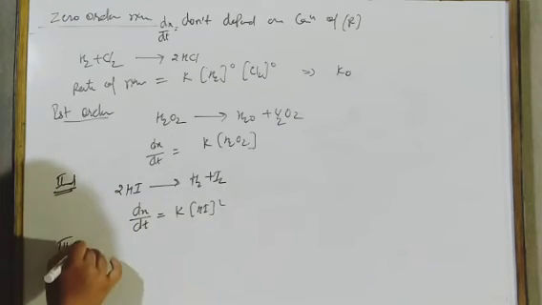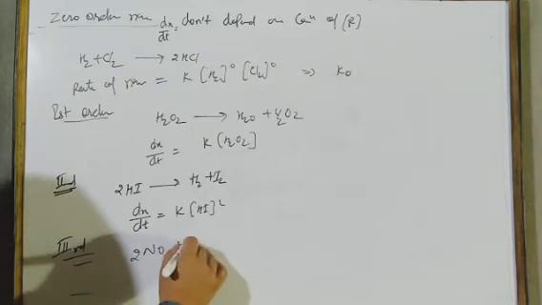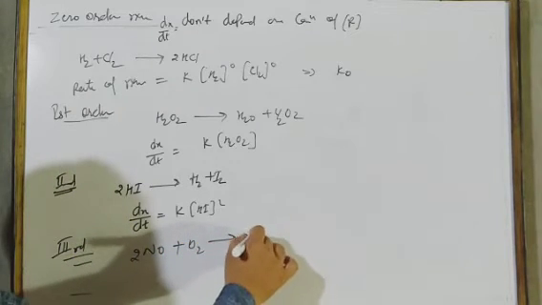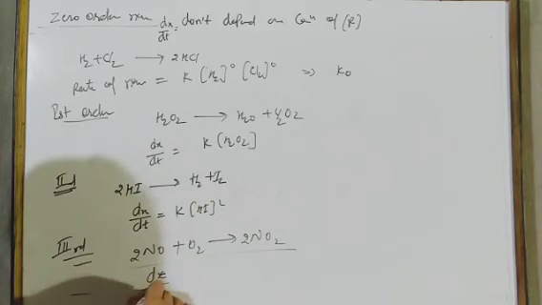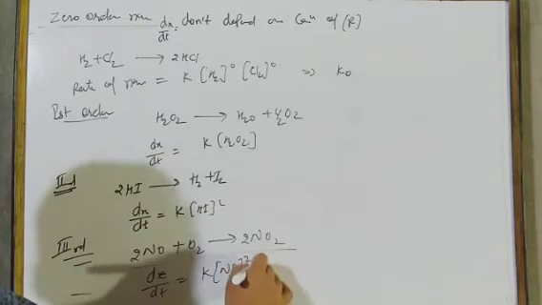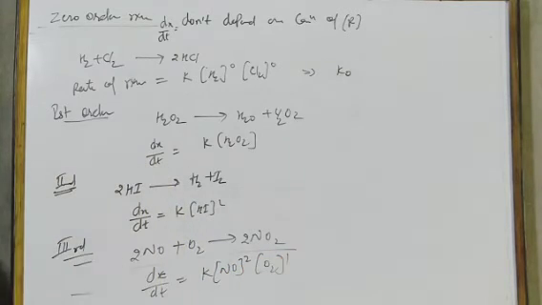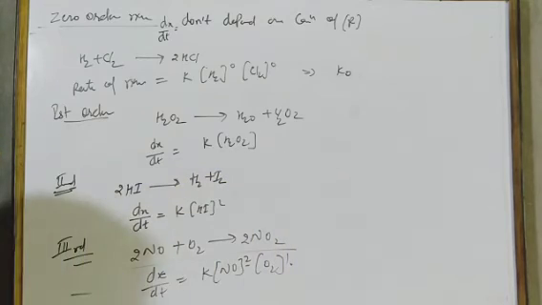And for third order reaction we have an example NO plus O2 gives 2NO2. And the rate of reaction dx over dt will be equal to K NO power 2 and O2 power 1. So the order of reaction will be 2 plus 1, 3. Any doubt till here? Next is molecularity of reaction.